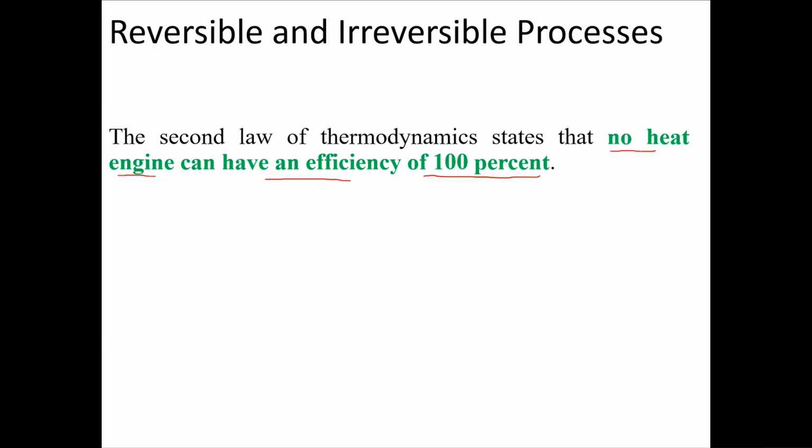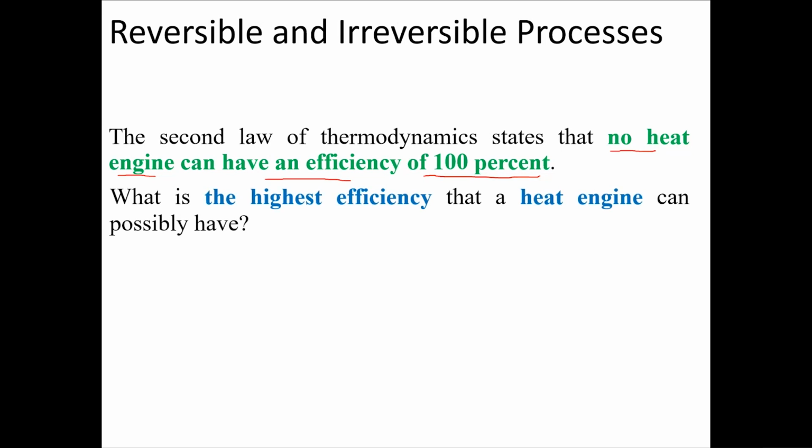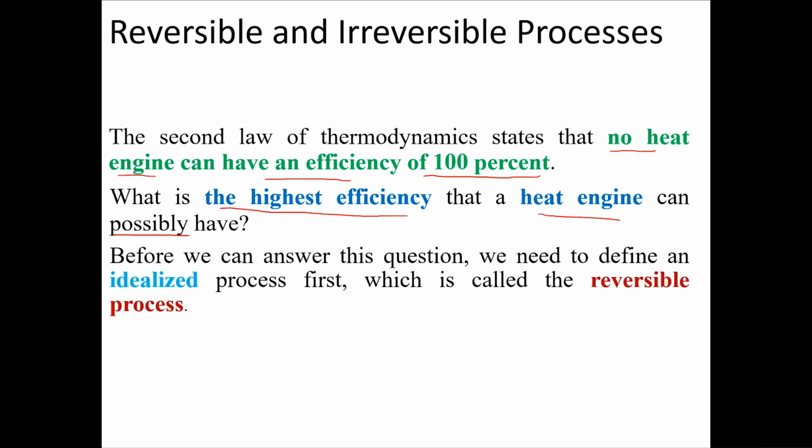This could not be 100%, but there should be some benchmark value from which you can compare how far you are from achieving the best possible. So again, the question: what is the highest efficiency that a heat engine can possibly have? It cannot have 100%, but what is the maximum possibility?